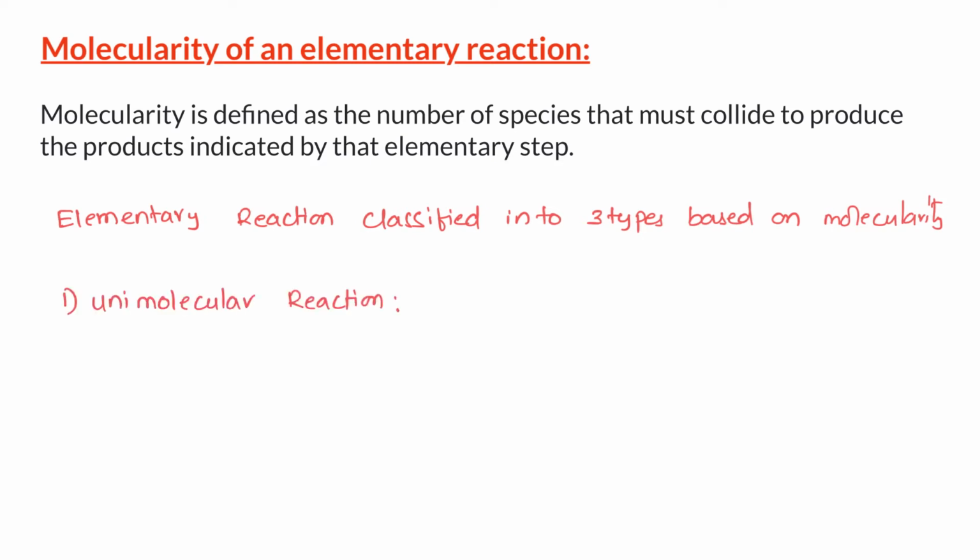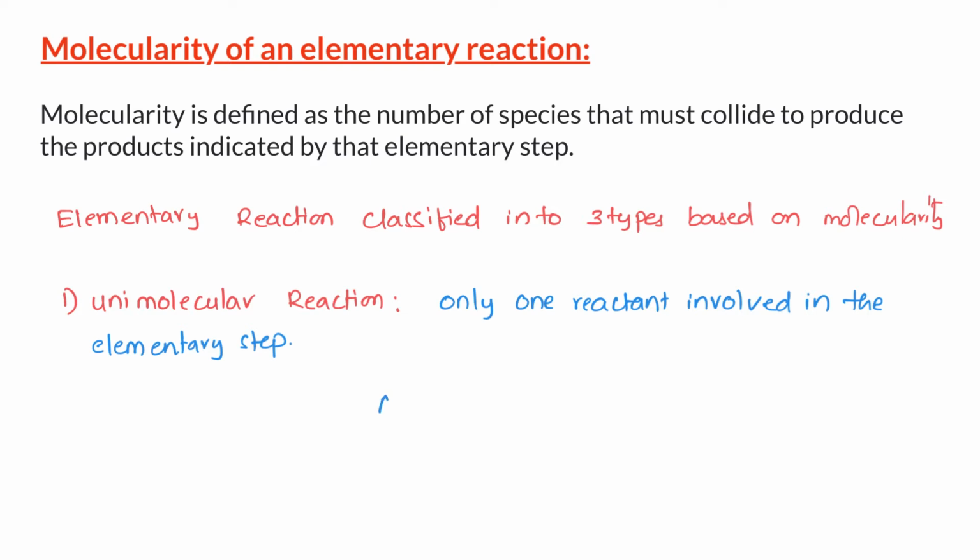Unimolecular reaction. An elementary reaction that involves only one reactant is called a unimolecular reaction. For example, the reaction A gives products. There is only one molecule involved in this elementary step.